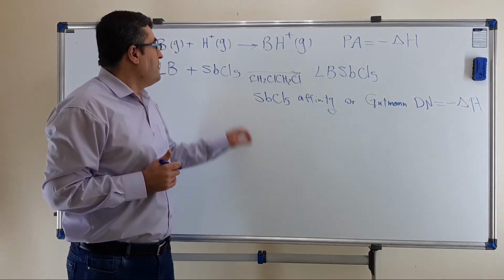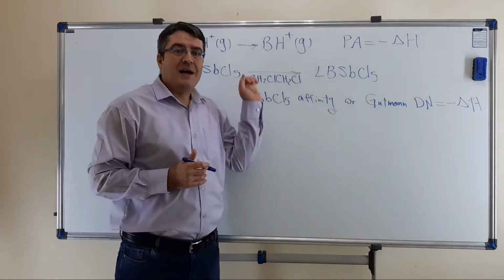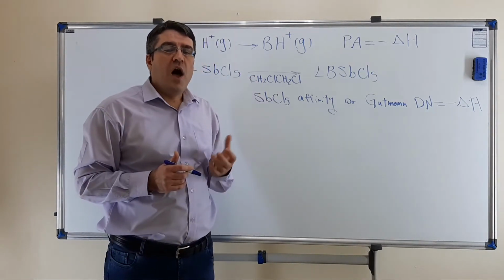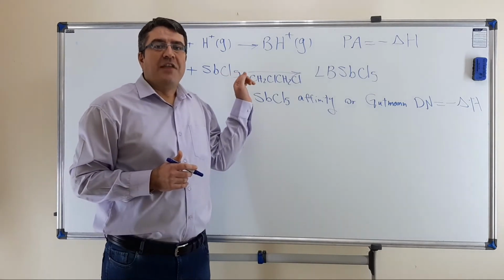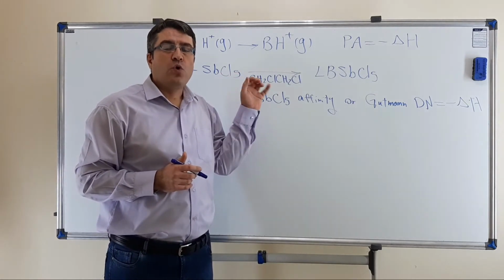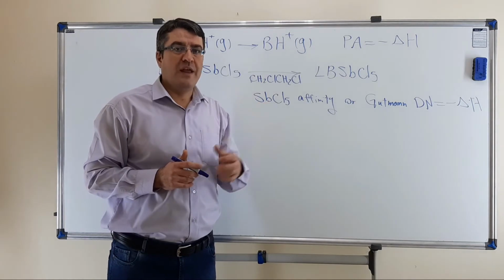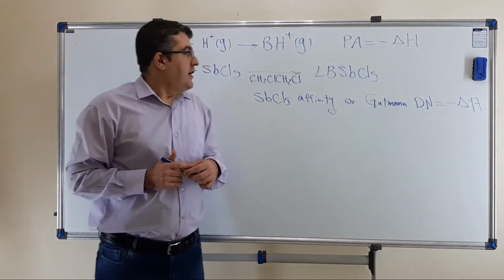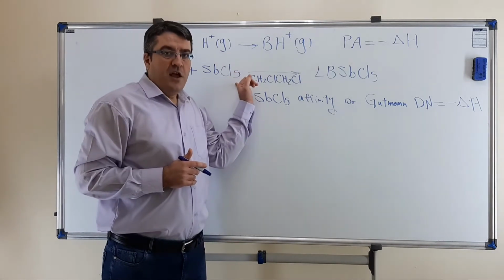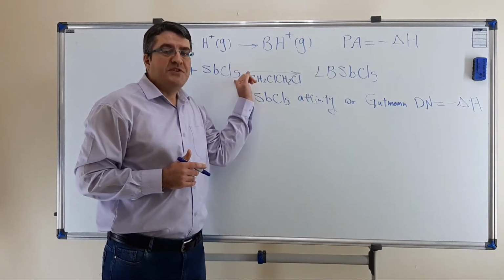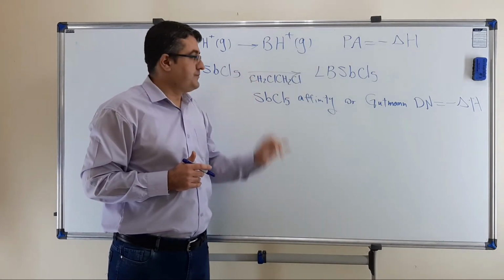Also, antimony pentachloride has more than 100 electrons, so it is not an ideal species for quantum chemistry calculations. It also has relativistic effects which make quantum chemistry calculations harder.